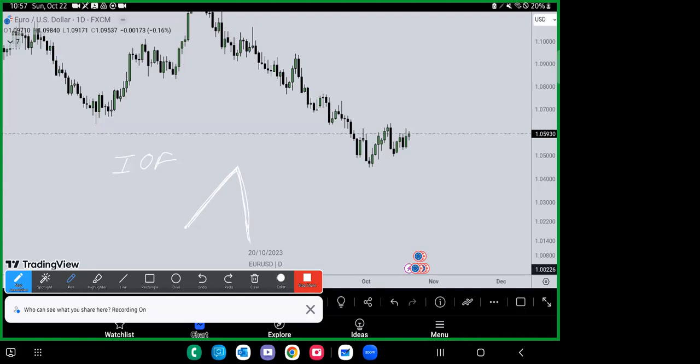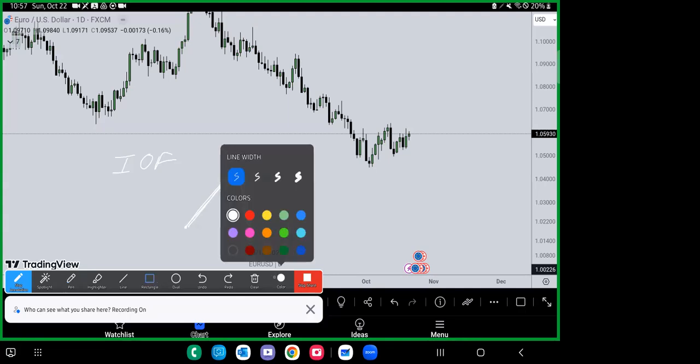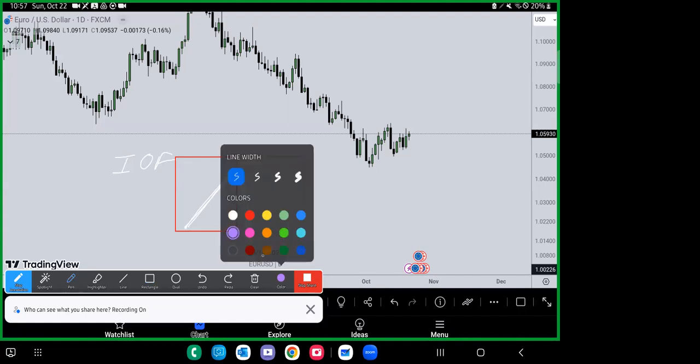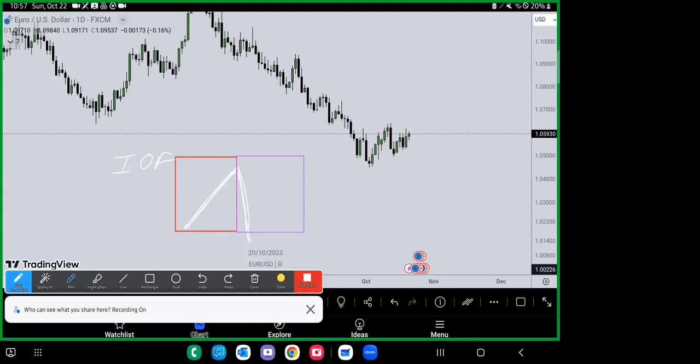What I want you to do is create a habit of going into that 5 minute. Of course, it's going to be relative. Since we're looking at a 1 hour, we're going to go to that 5 minute. And I want you to get into a habit of actually seeing what's allowing price to trade up to this point. You're going to see that consistency of 5 minute down close candle support and price.